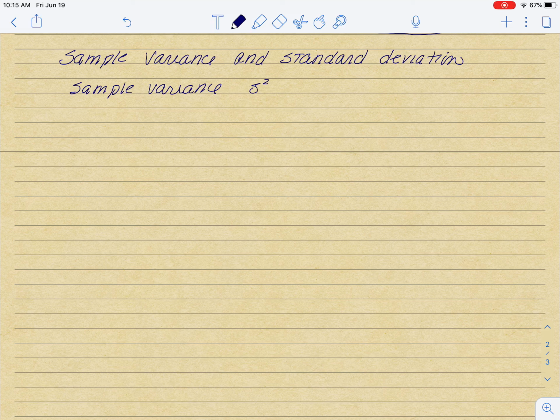is given as s squared, and it's equal to the sum of the difference between the data points and the sample mean squared divided by, and here's another difference, the number of data minus 1. You have to take 1 off of that data.